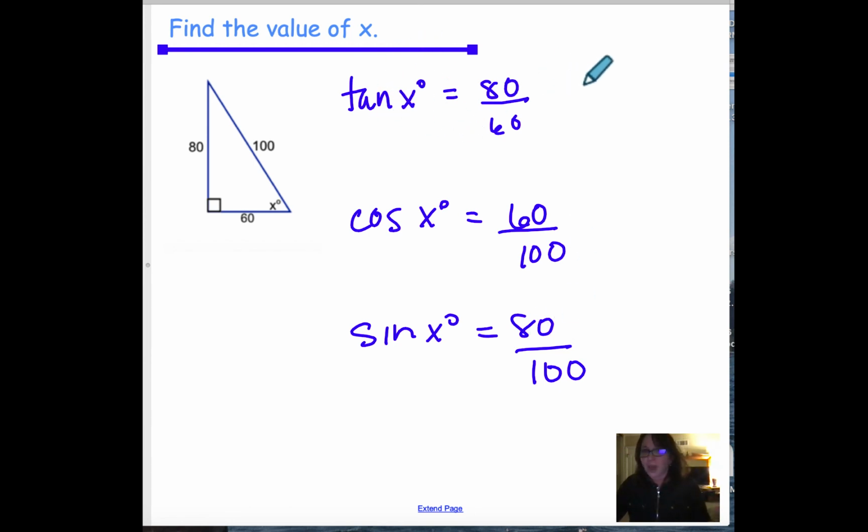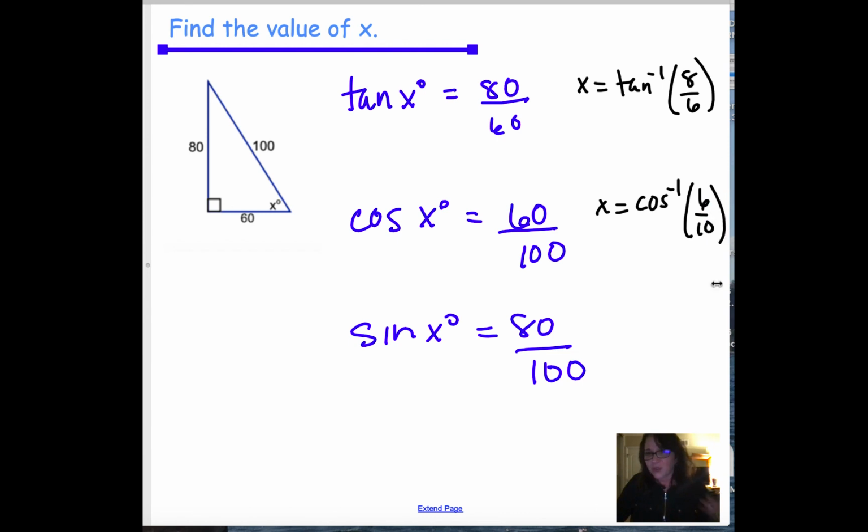So if I use the top one, I would have to say x equals arc tangent of 8 over 6, right? For this one, I'd say x equals arc cosine of 6 over 10. Zeros are going to cancel. You don't have to reduce that, by the way. For this one, I would say arc sine of 8 over 10. And so any one of these is going to yield me the same answer.